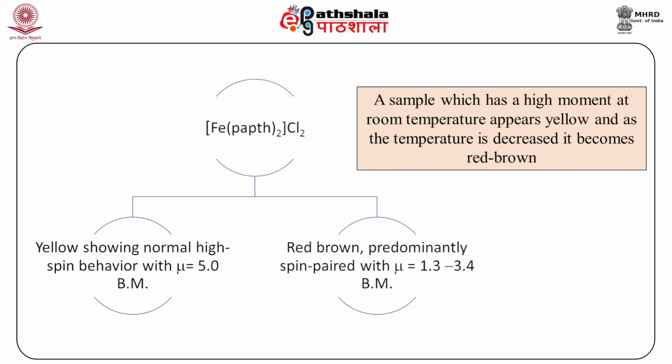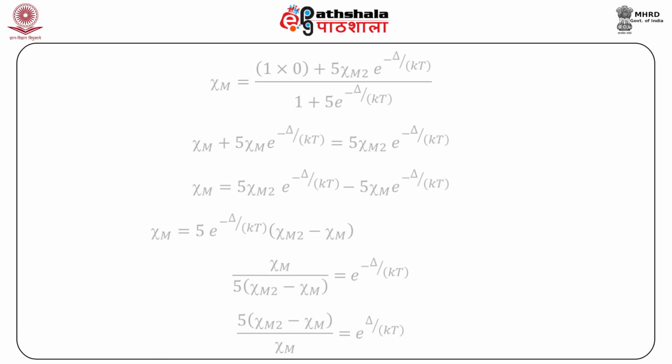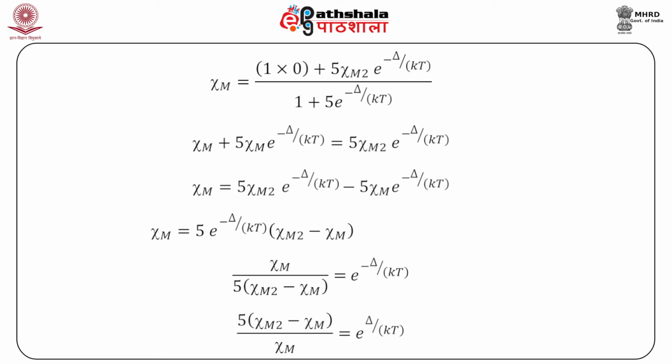In all cases, a sample which has a high moment at room temperature appears yellow, and as the temperature is decreased, it becomes red-brown.